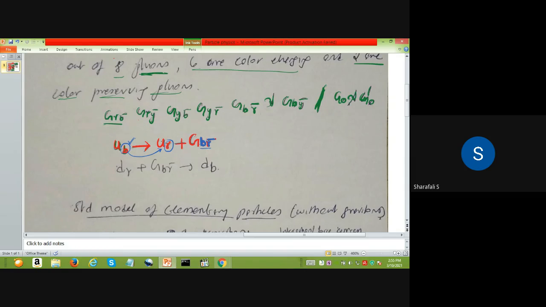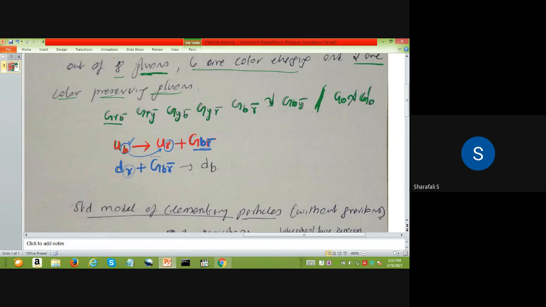Now, this particular example, we'll check another example. So this is a down quark with red color, okay. So that is interacting with this particular gluon. Now what will happen? The initial color is red for this down quark.